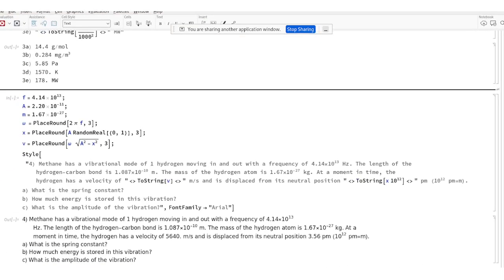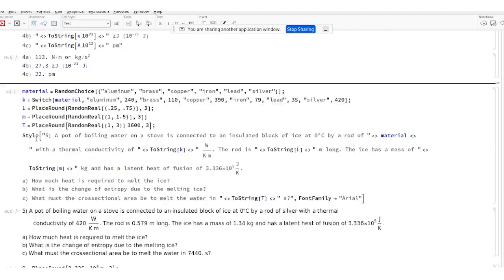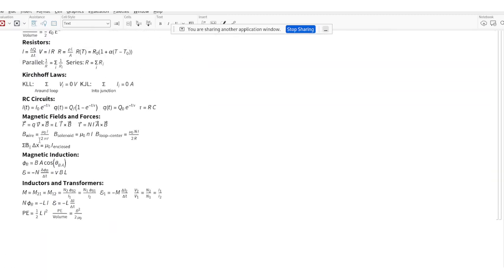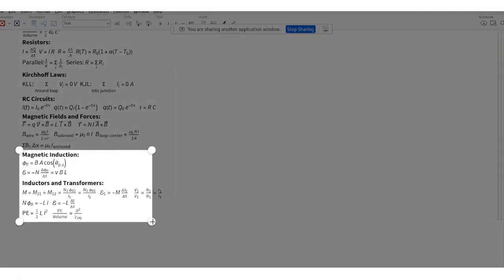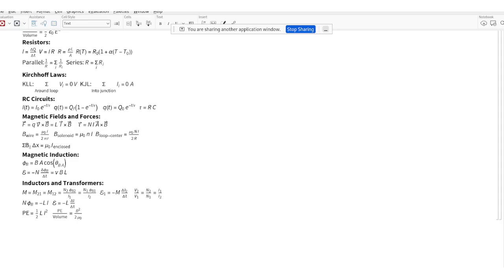Why don't I go ahead and pull up a little bit of the equation sheet that I have here and copy that in. Print screen. I would like to grab this much right here. Copy that. Control V. There we are.